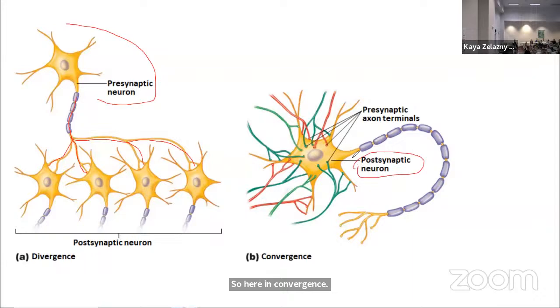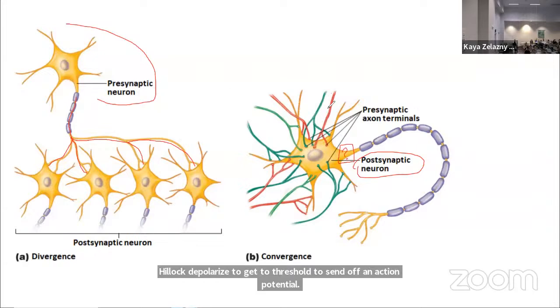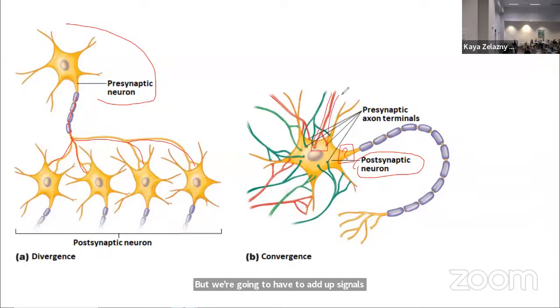So we know our big question is, does the axon hillock depolarize to get to threshold to send off an action potential? But we're going to have to add up signals from each of our presynaptic neurons. So each of these is going to be releasing neurotransmitter, telling this postsynaptic neuron potentially different information.